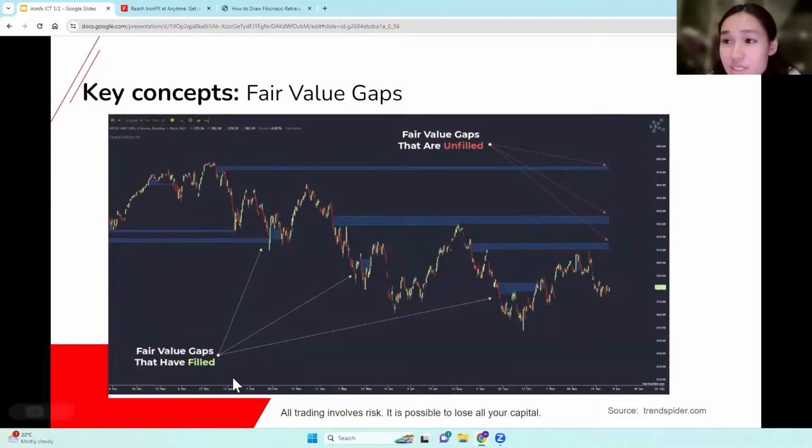We want to take note of the FVGs that have been filled in order to place your stop losses and take profit levels according to those levels. I'll show you on TradingView, there is an indicator that helps you to find FVGs. It's probably the easiest way to spot those, but I'll show you in a little bit.